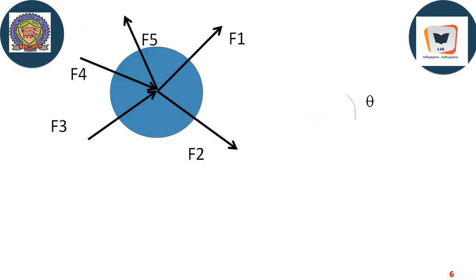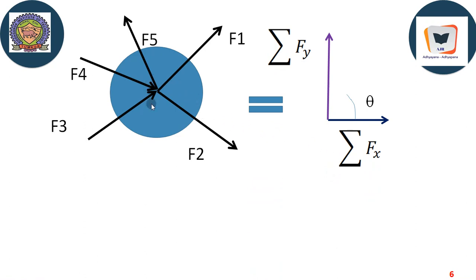So we will go one after the other. This is a typical example. A sphere is subjected to several forces, F1 to Fn, acting concurrently at this point. This force is trying to pull up this sphere, and so also this. However, F4 and F3 are trying to push at the point of concurrency.